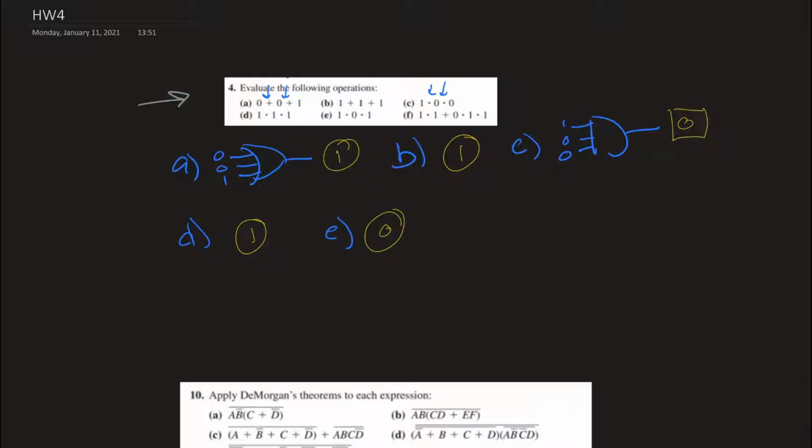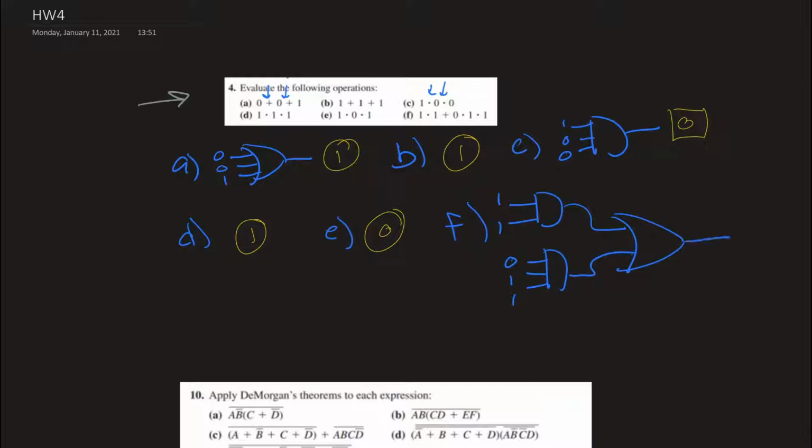And so let's look at F. For F, we have, let's sort of draw it out. We have an AND gate that has 2 1s coming in. We have the output of that going to an OR gate. And then we have another AND gate that has a 0, a 1, and a 1 coming in. So that looks like this.